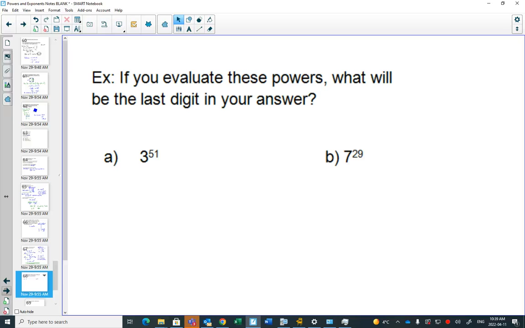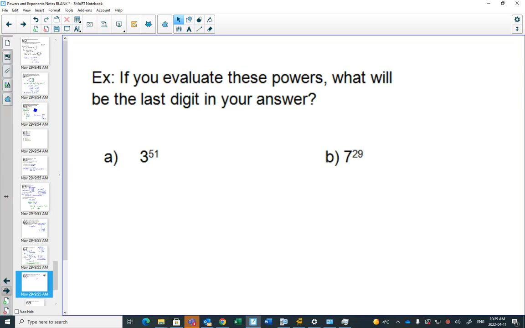There was a grade 9 math exam one year that asked this question, and students had never done it in their class before. And the problem is they would go, oh, I'll just do this on my calculator, but it's too many numbers for your calculator, and your calculator couldn't find it.